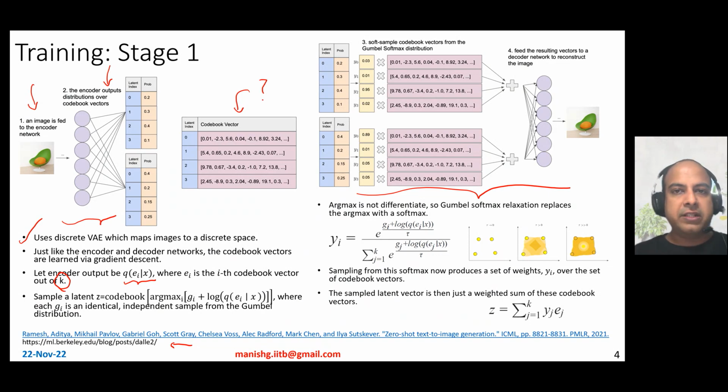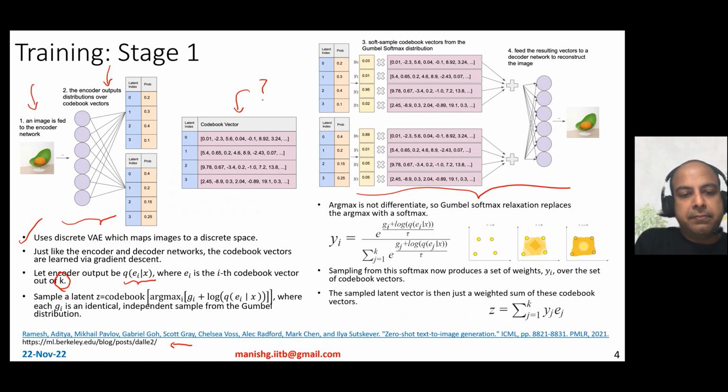Then, if we were doing typical computations, we need to sample a latent, by the way, right? We need to sample a latent based on this distribution, so that we can use it as a representative for this particular position in the 32 cross 32 grid. And then, of course, this latent can be used by the decoder to decode the entire image back. Now, the typical way of doing this is as follows.